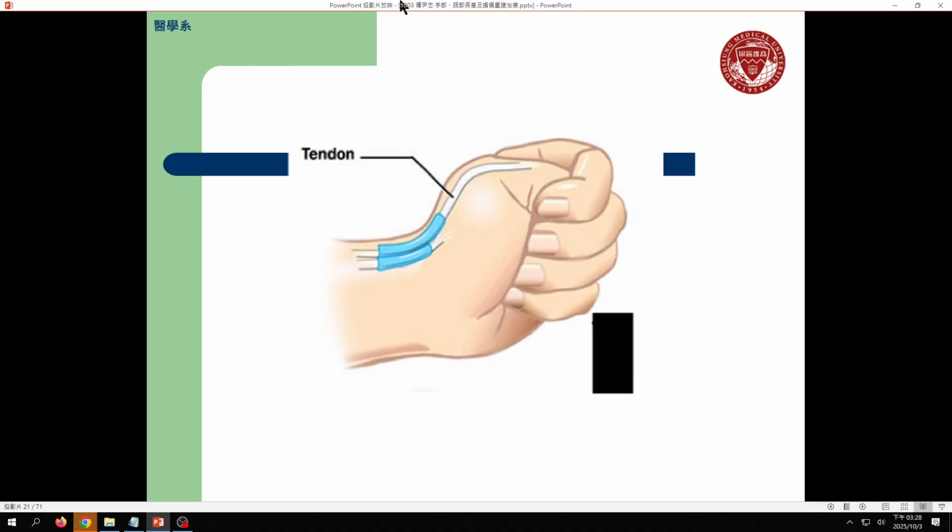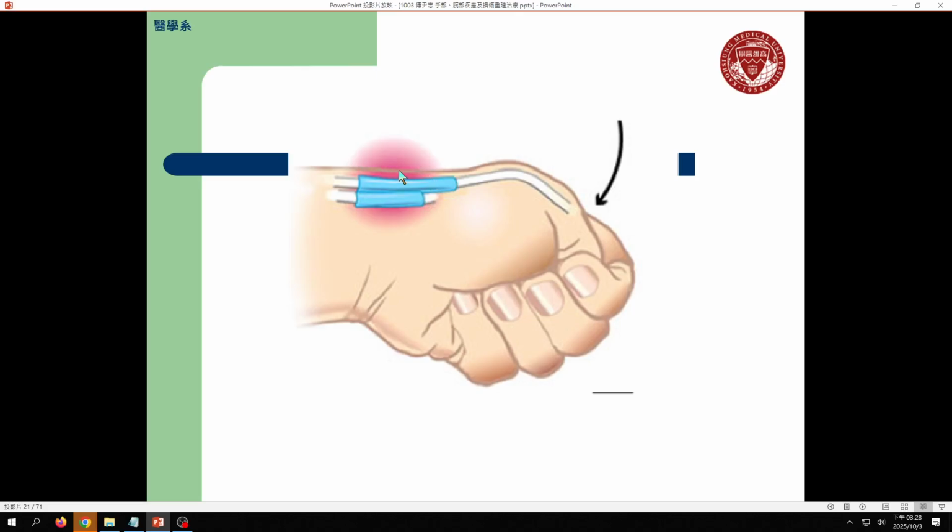The thumb occupies 50% of the hand function. So you get tenderness just like that and it hurts over here.